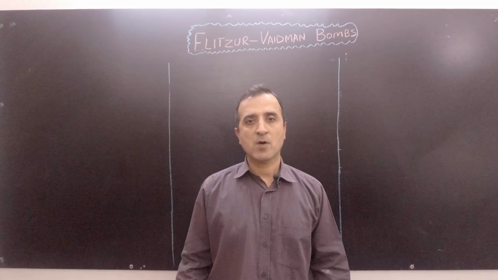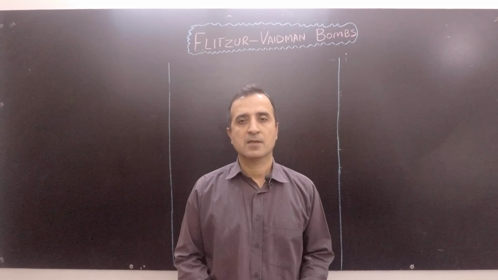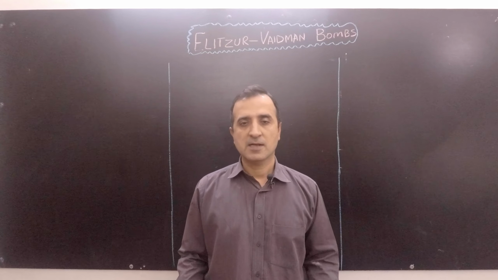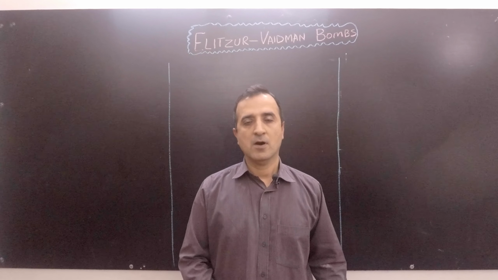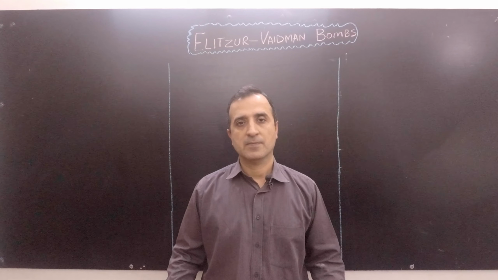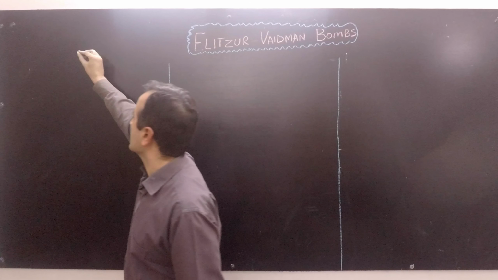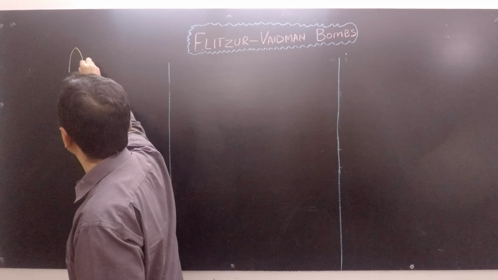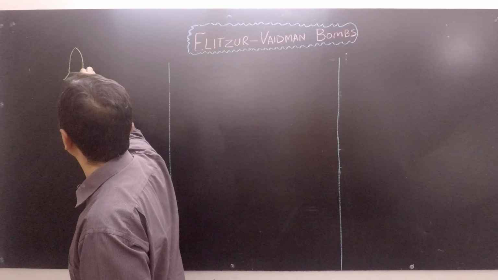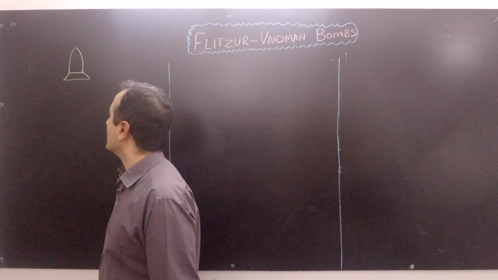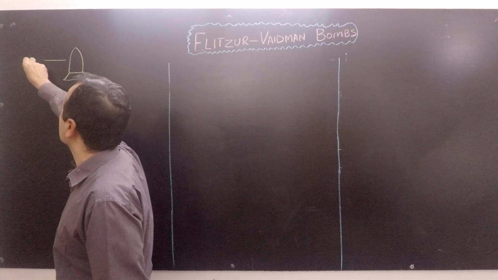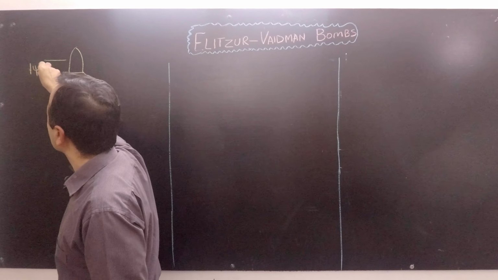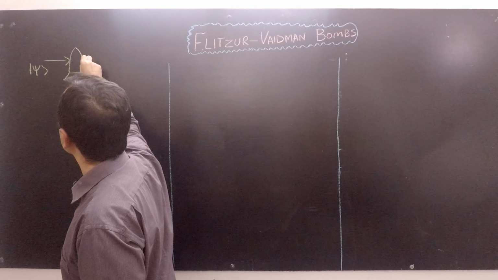Let's start with the problem definition. We are given a device. That device can either be a working bomb or it can be a dud. The device takes a quantum bit as input and produces an output.